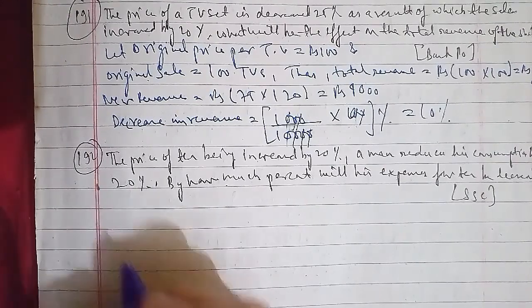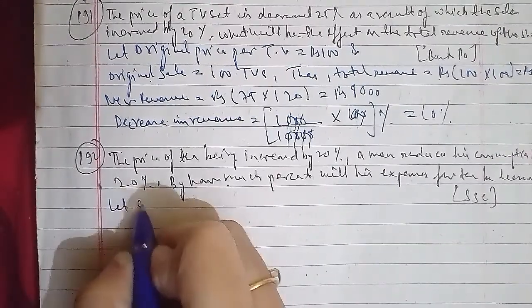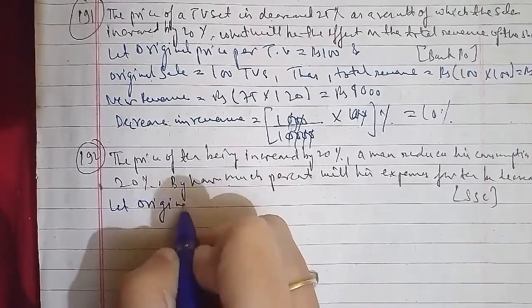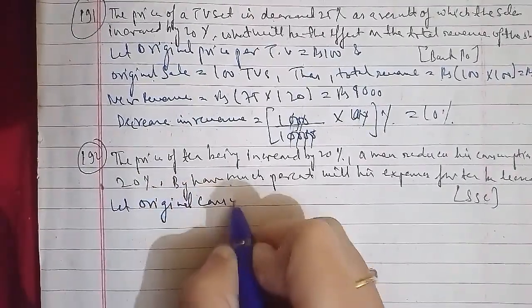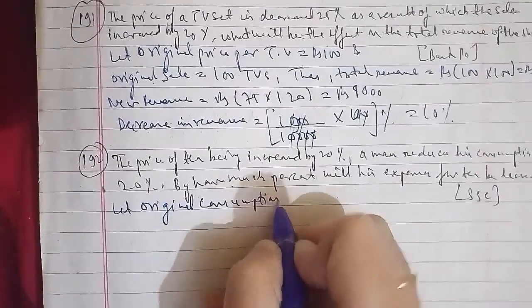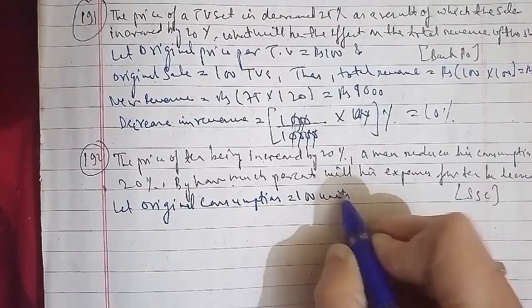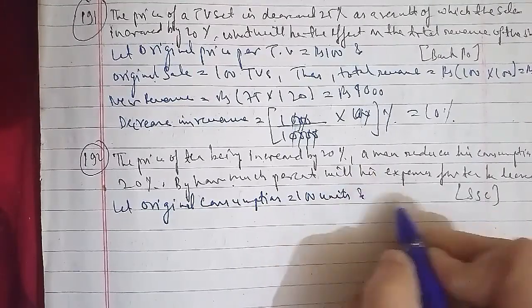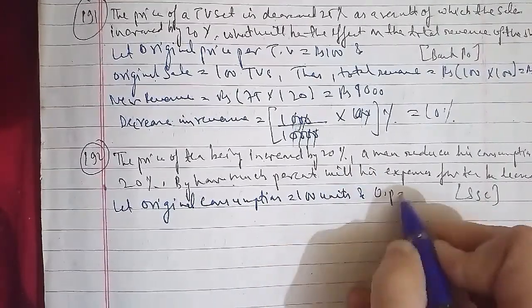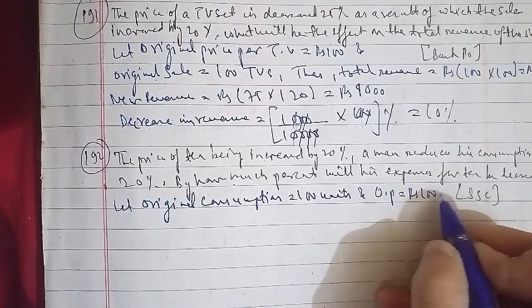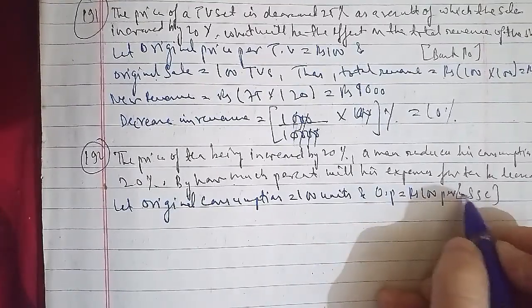Let the original consumption equal 100 units and the original price equal rupees 100 per unit.